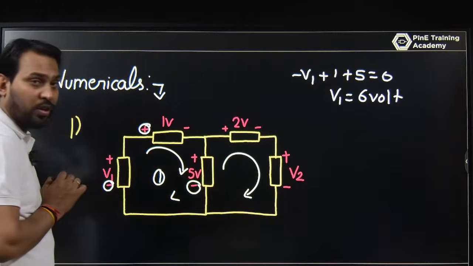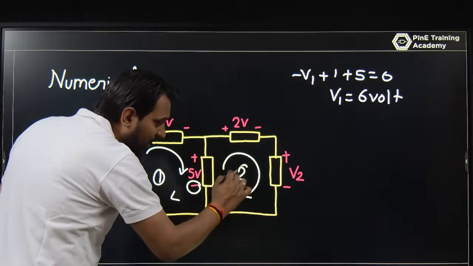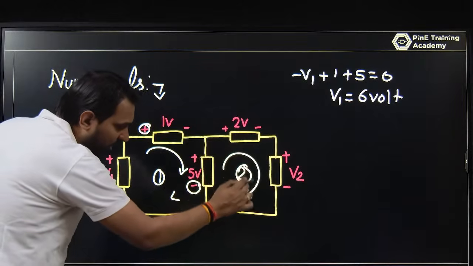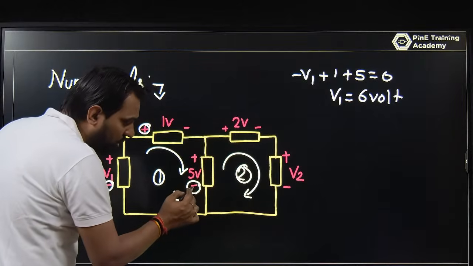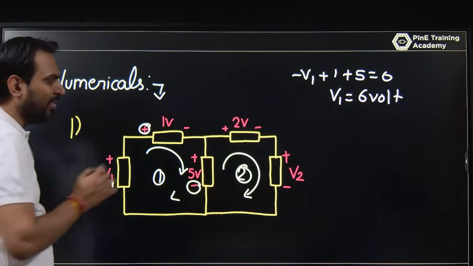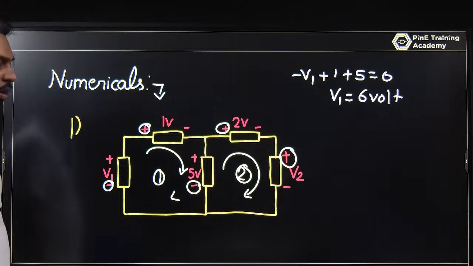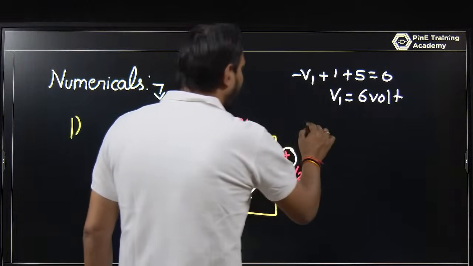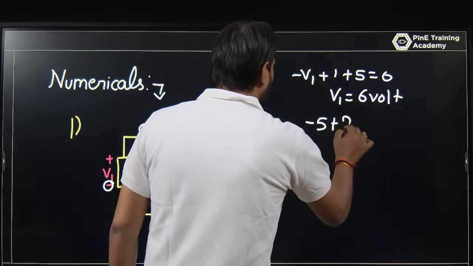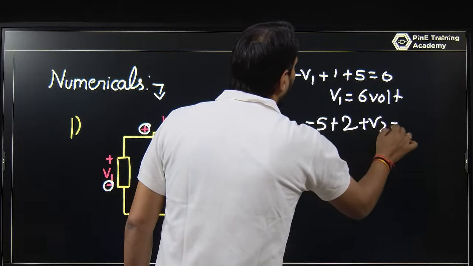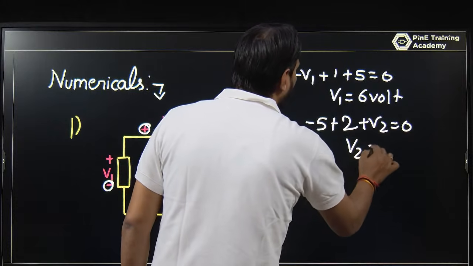But if you look at the second loop, moving clockwise in this way, the first sign is negative. This is the first sign. So this is minus 5 plus 2 plus V2 equals 0. So V2 is equal to 3 volt.